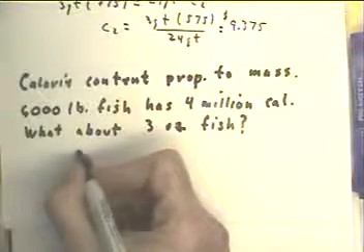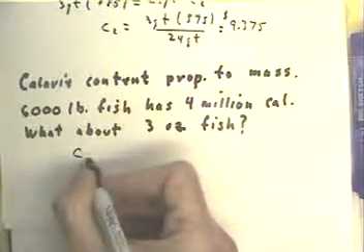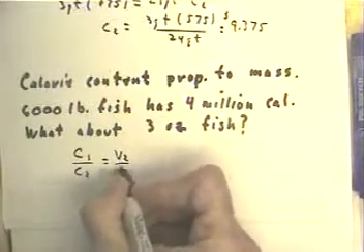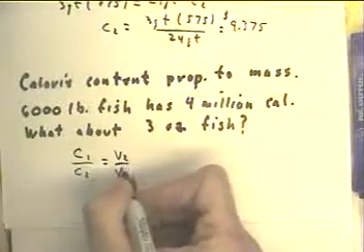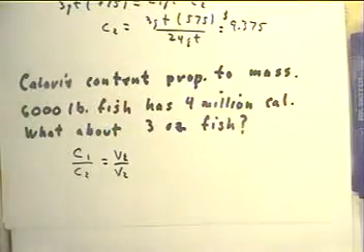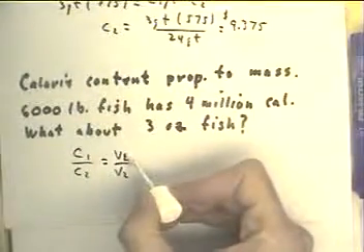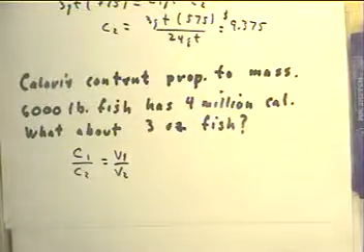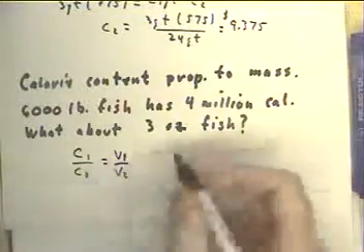Okay, well, this looks a lot like the one before, but it's calories rather than cost as proportional to volume. So it says cost 1 over cost 2 equals volume 1 over volume 2.